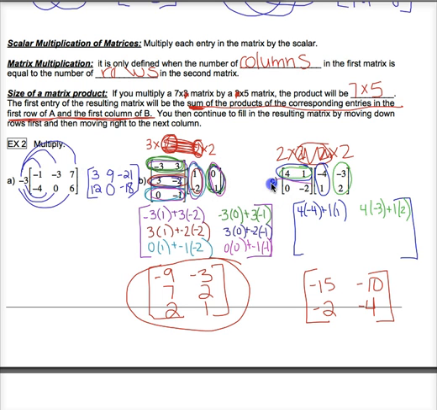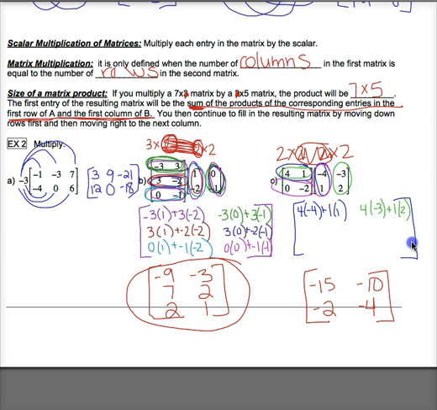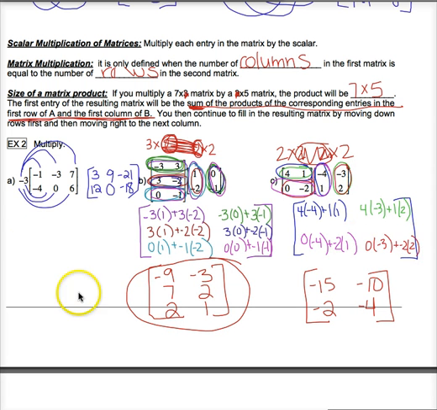Down here, second row, first column, 0 times negative 4, plus negative 2 times 1. And then finally, second row, second column, 0 times negative 3, plus negative 2 times 2. So there's my work, and then you can check it to see how I got the appropriate answers.